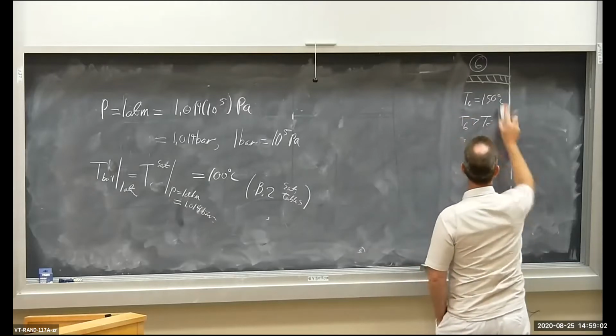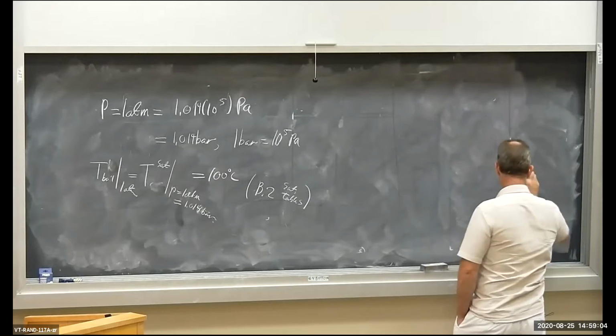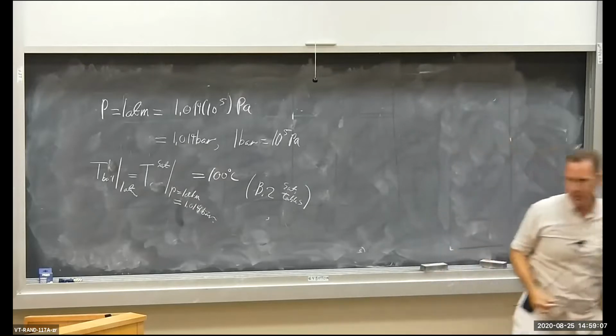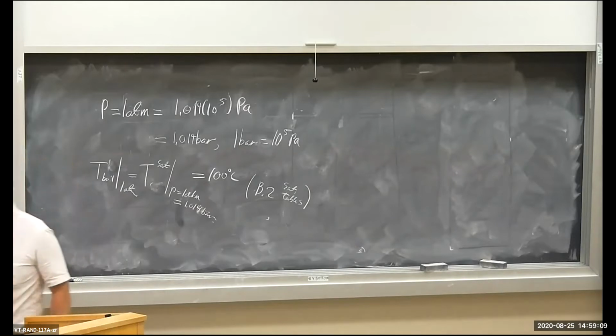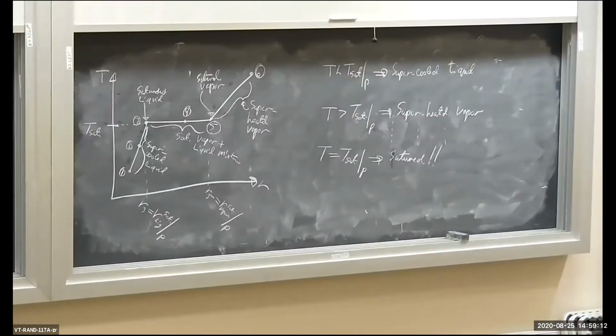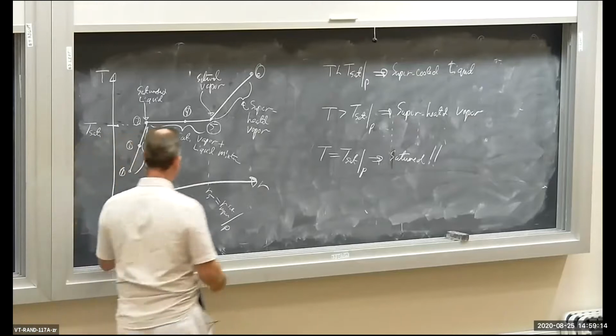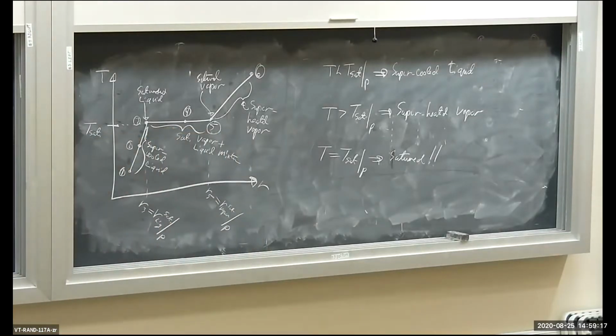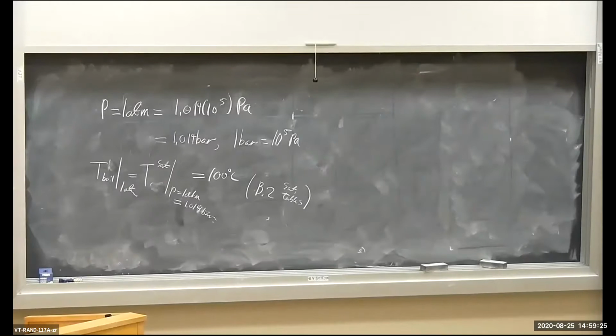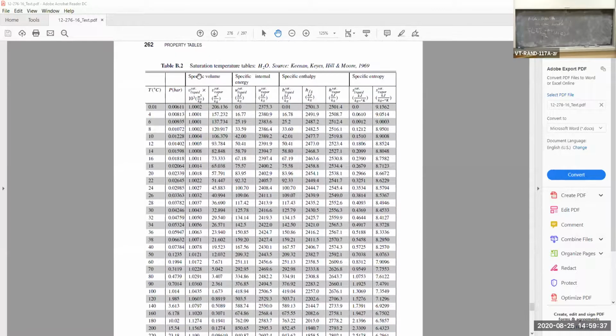Let's use these tables just a little bit more. Let's find the specific volume for the saturated liquid and the saturated vapor. Let's see how this works. Okay, so we have some quantities here.